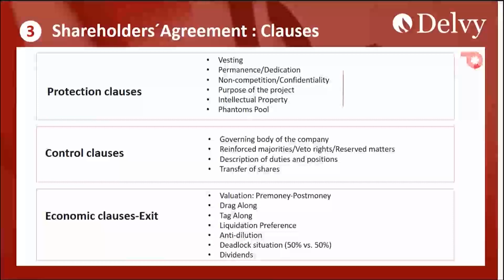In their most basic and general form, a drag along clause protects the majority of the shareholders, so that no minority shareholders can block a sale of 100% of the company.